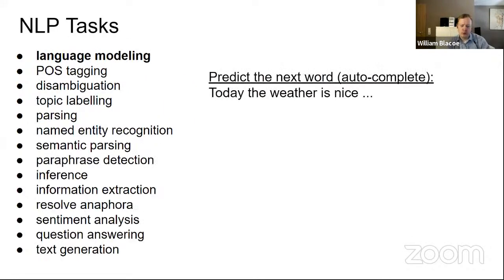But let's return to text applications. Okay, language modeling is what researchers call predicting the next word. Today, the weather is nice, and a lot of different words could appear at this point. For example, outside, or in China, or in my mind. You know, it could be even more abstract than that.